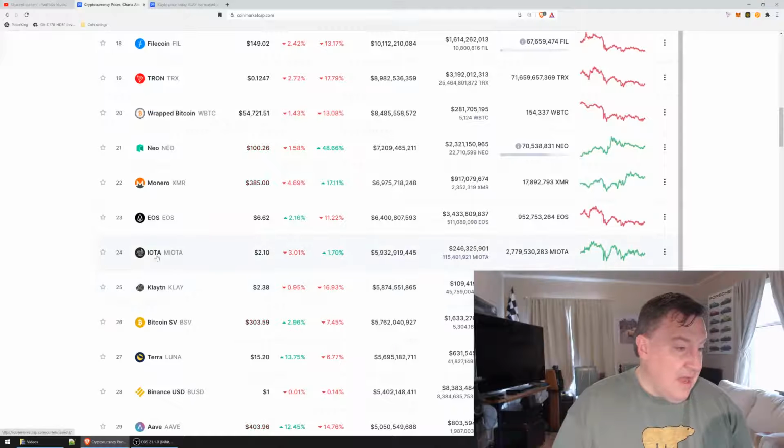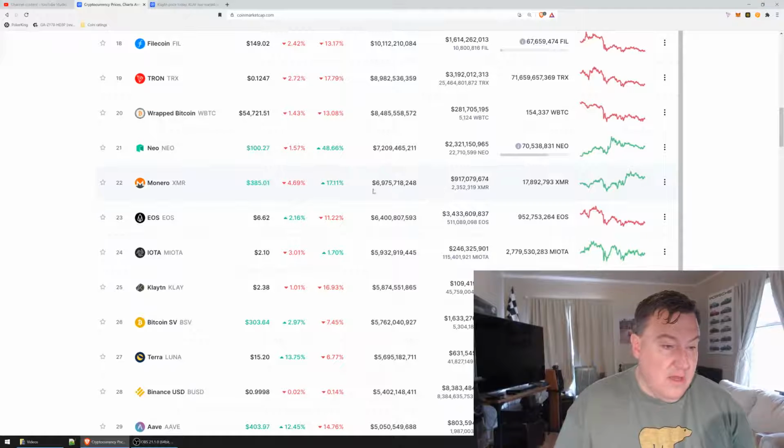When I see this Clayton coin, I see it next to IOTA, which I've owned for 3+ years. See it next to EOS and Monero. These are projects I trust. These are projects that also have $5 billion market caps. And SV, I've done a lot of reading about that.